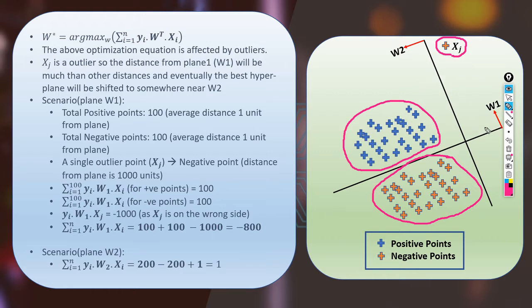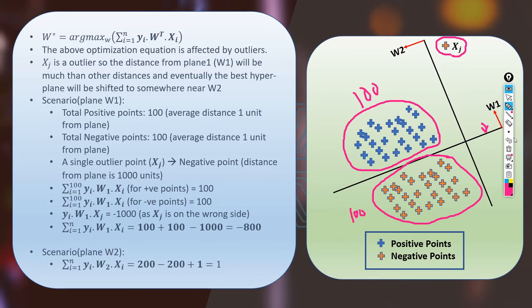With respect to this particular hyperplane, it is on the side of the positive points. So this is an outlier point, and that is our main concern.